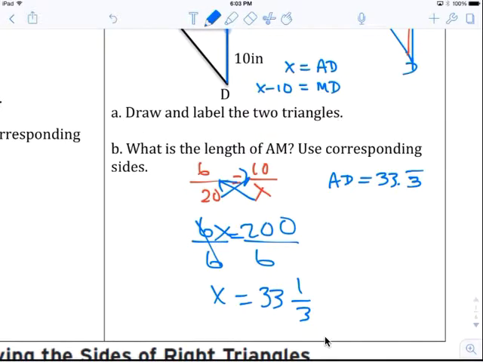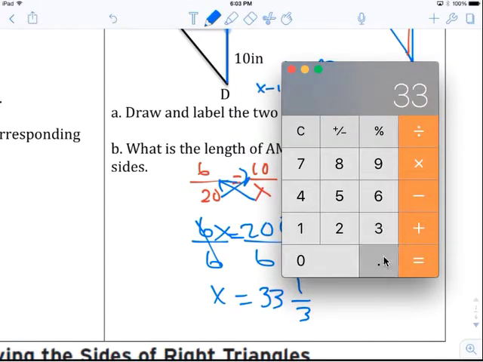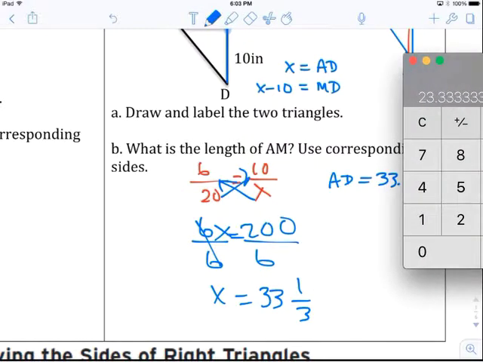Therefore, if I take that number, 33.333333, this minus the 10, 23.33333. MD is 23.3 repeating.